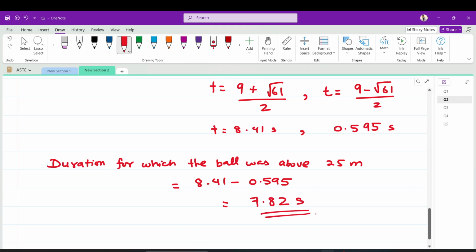Okay, so this is the duration for which the ball was above 25 meters. That is the end of question number 2.